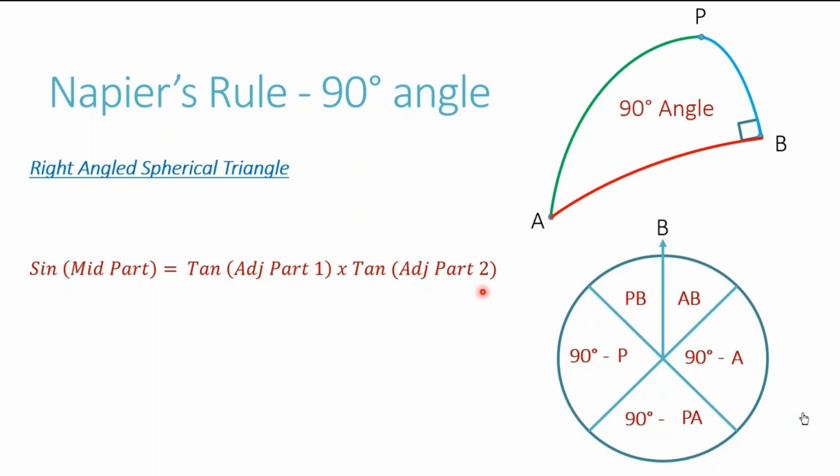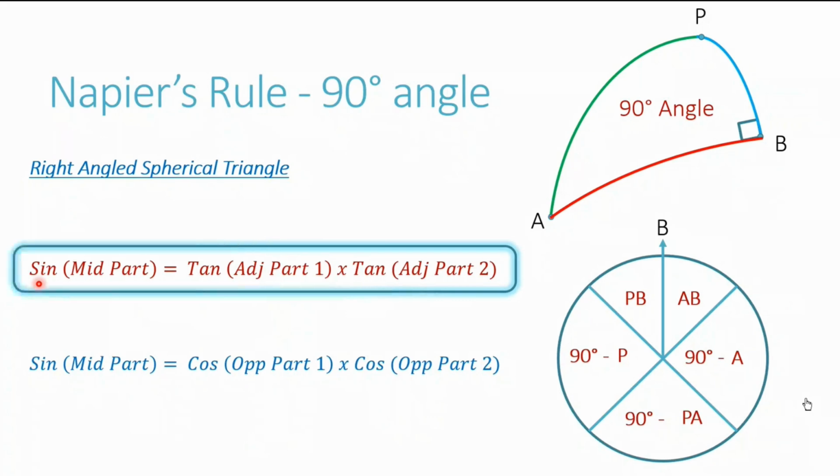This is the first formula to be used. And the second formula is: sine of the middle part is equal to cos of opposite part 1 multiplied by cos of opposite part 2.